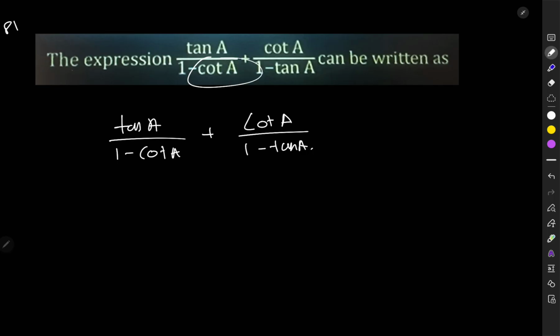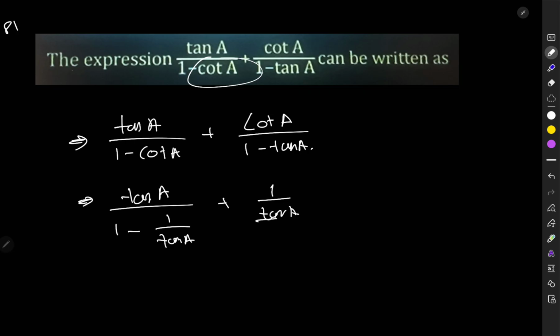So cot A can basically be converted into tan itself, or you can also do it by converting into sine by cos, but this method is a lot simpler. So let's go with this method itself. Let's convert cot into tan. 1 minus 1 by tan A, right?